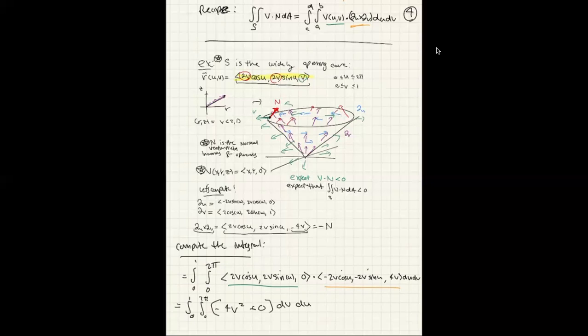So Lily asked, why am I correcting with the negative? Because if I look at this, the real formula for n should be the thing with negatives, 2v cosine u and so on. The thing we crossed was the wrong unit normal.